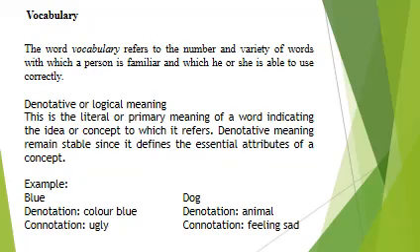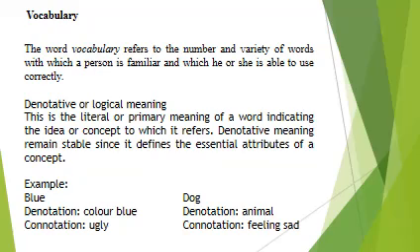It remains stable in the sense that the primary meaning of a word is always the same in all the dictionaries you check, and in every place you go, the meaning is the same.